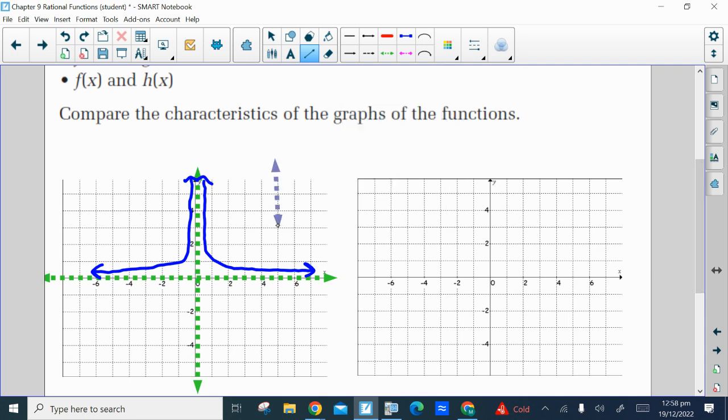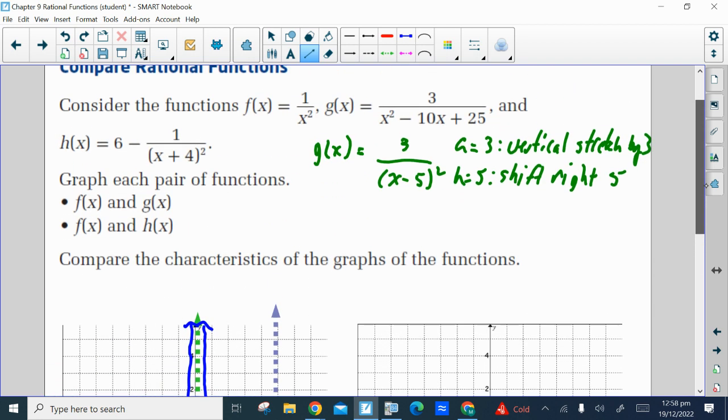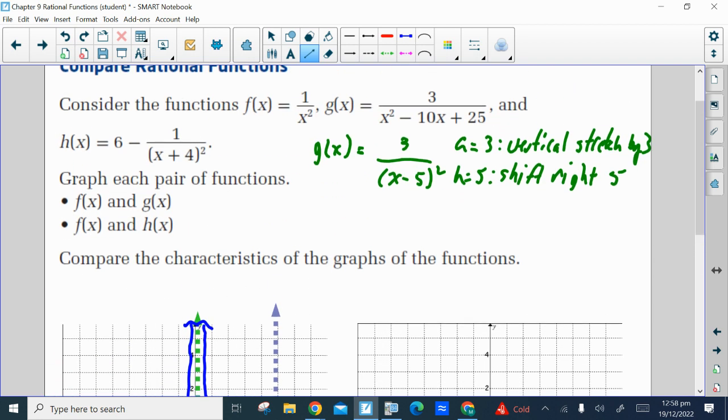So the vertical asymptote will be at x equals 5. The horizontal asymptote is still the x-axis, because no matter what you put in for x in that equation, y will never equal 0. And y equals 0 is the equation of the x-axis.